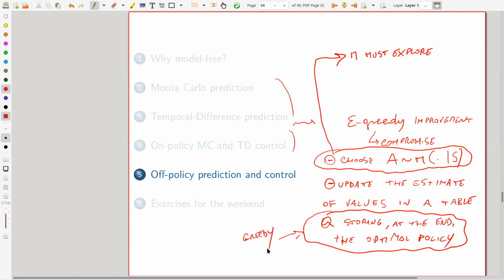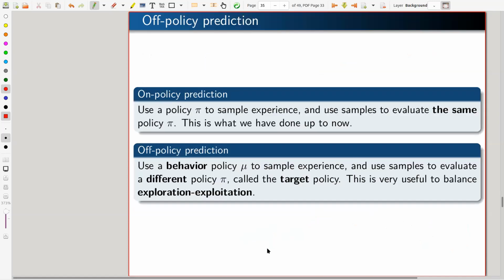What I'm saying is that conceptually we have two different policies in this game. And up to now, we were using the same policy. But in this family of methods called off-policy methods, we detach the two concepts and we use two different policies. One policy is called the behavior policy. This is the policy that we are using to make the experience, to form the episodes.